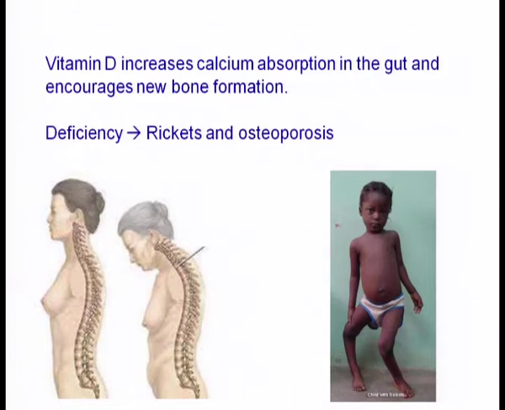So you might think whether calcium deficiency can also give rise to these conditions. It's true, calcium deficiency can give rise to these conditions. You may even ask whether people can have calcium deficiency independent of vitamin D deficiency.